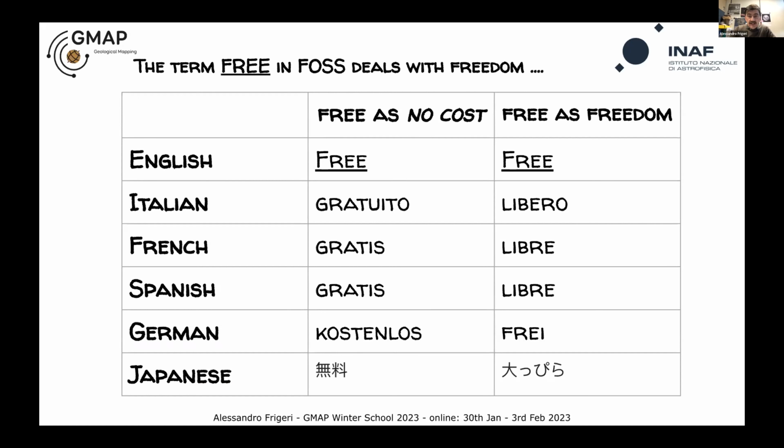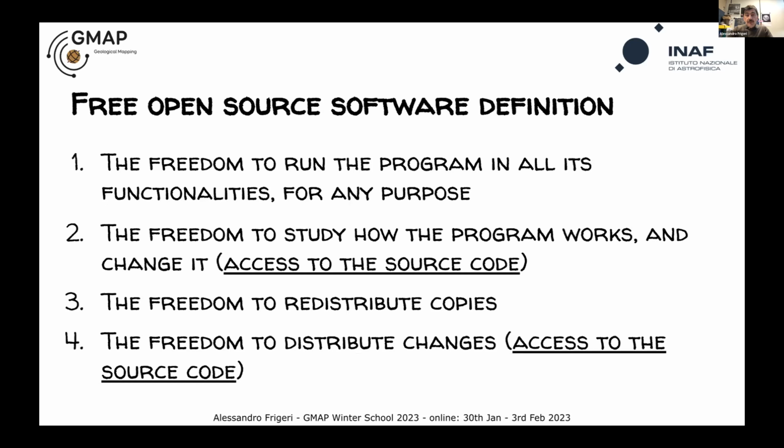For example, in Italian, free as in no cost means gratuito, and free as in freedom is libero. So with free open source software, we are speaking of free meaning freedom. And this freedom is related to the free open source software definition.